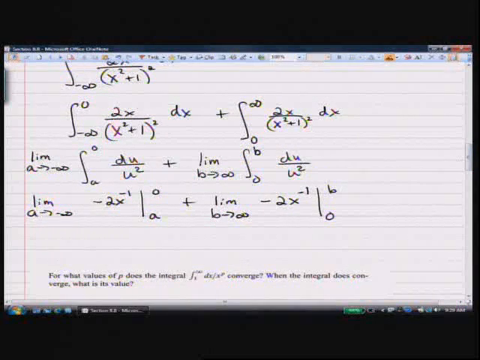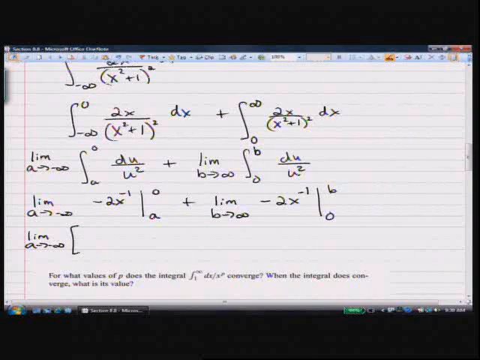So this is the limit as a goes to negative infinity. This is going to be trouble, isn't it? When I plug 0 in, it's going to be undefined.